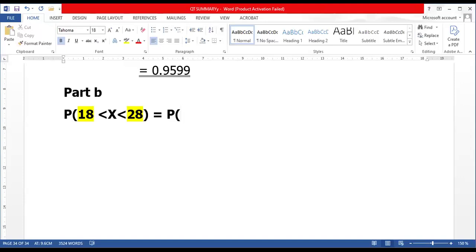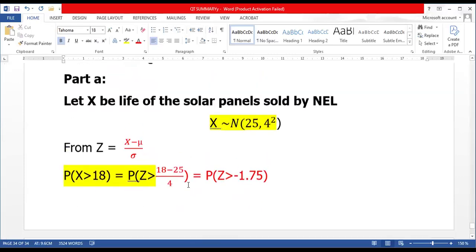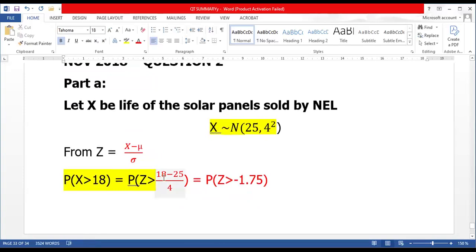When we standardize this 18, what do you get? It is 18 minus the mean, over the standard deviation. Please put in the formula like here, standardize that, and tell me the answer.